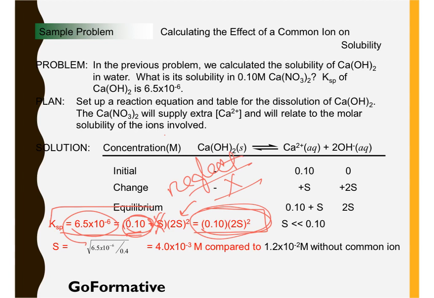So now let's be careful to solve this correctly. If you have an exponent, you want to do that first. So 2S squared is 4S squared. And that is multiplied by the 0.10. So let's simplify that. That means we have 0.4S squared equals the original Ksp value.